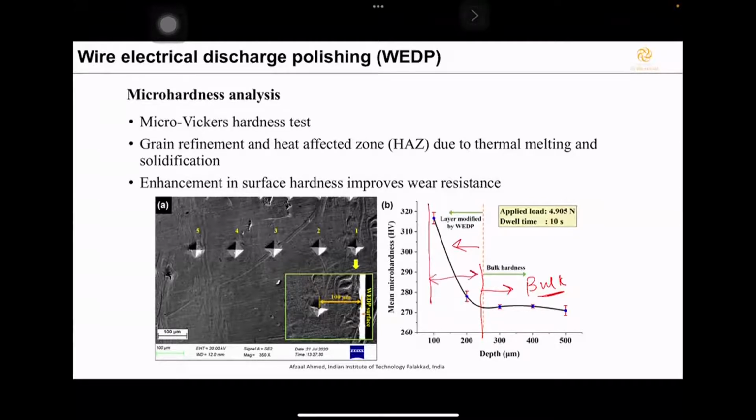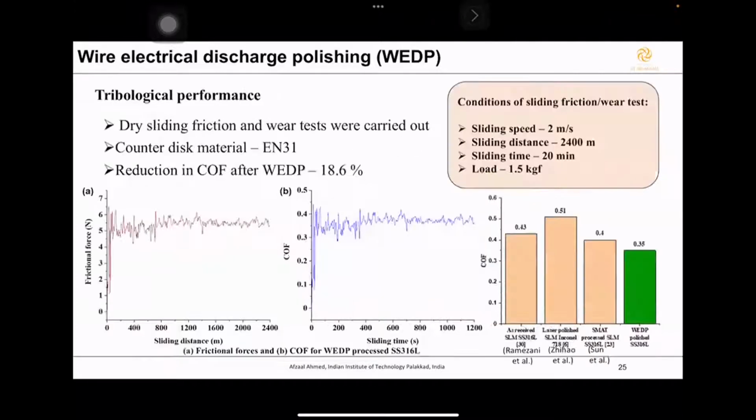This means that if this implant, polished using wire EDP, has to go for a wear application, it will survive there because of the improved hardness on the surface.